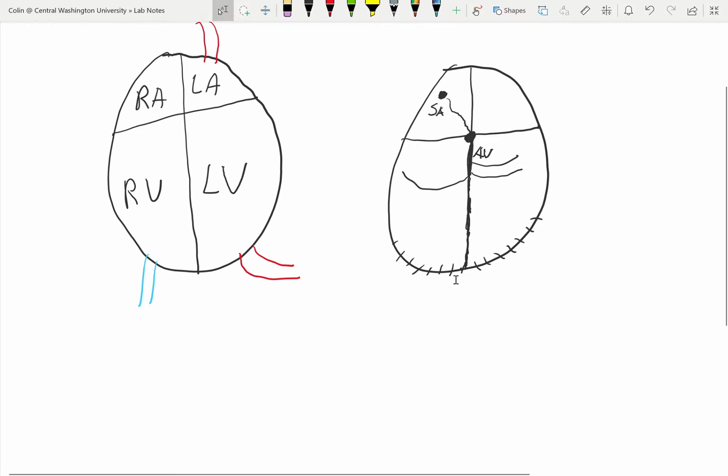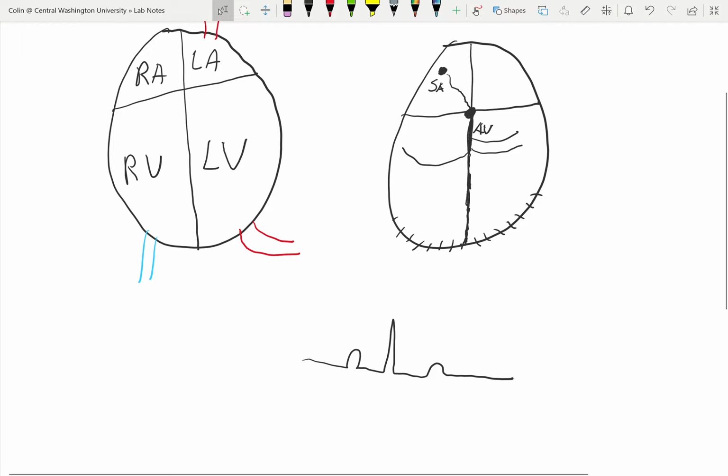So now that we understand that we go SA node to AV node, down the bundle branches, down this other wiring system, then we can talk about what the waveform actually looks like. And what I mean by the waveform, I'm talking about this guy right here, right? The stuff that you see on the side of every ambulance, and you see on your EKG paper.